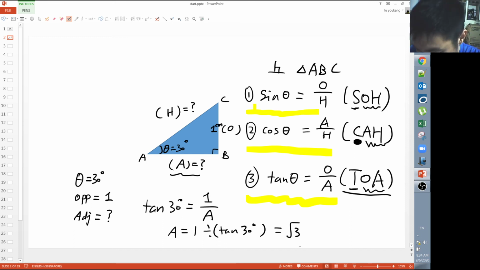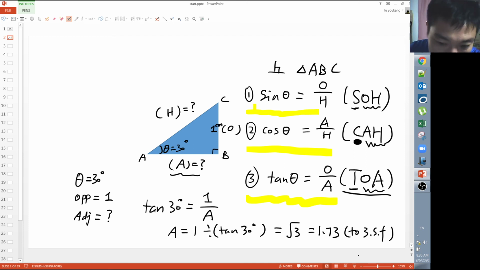If you want to express it as a decimal number, let's take it to three significant figures. That's how you can figure out your adjacent, which is square root 3 or 1.73, using rule number 3.